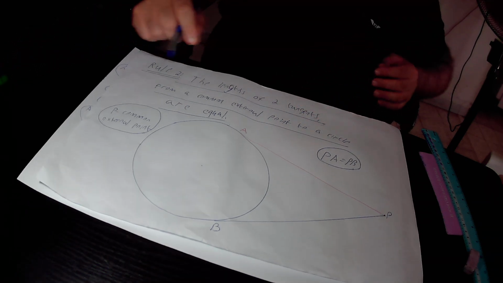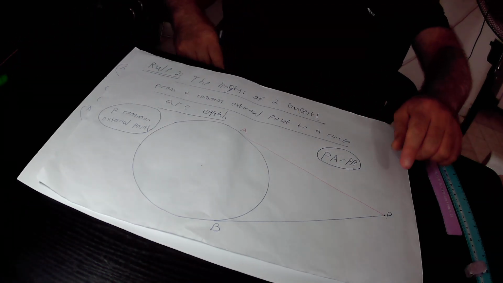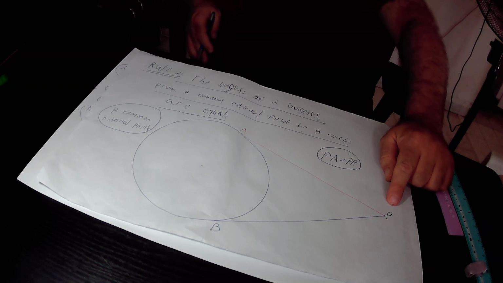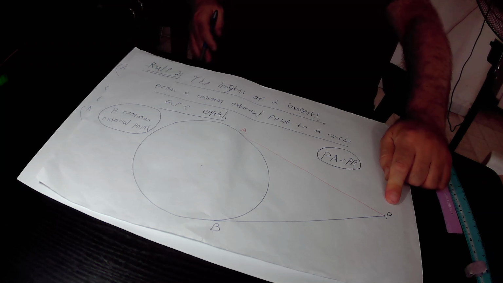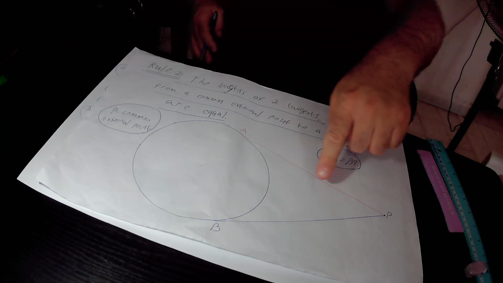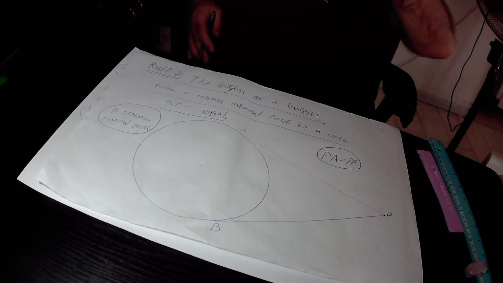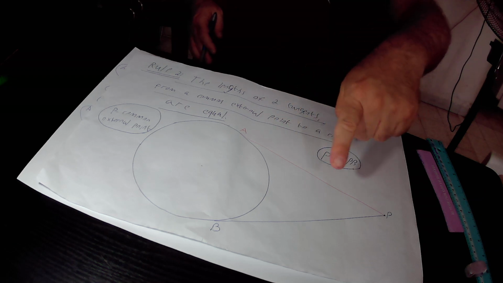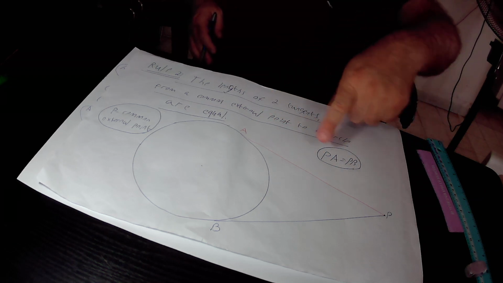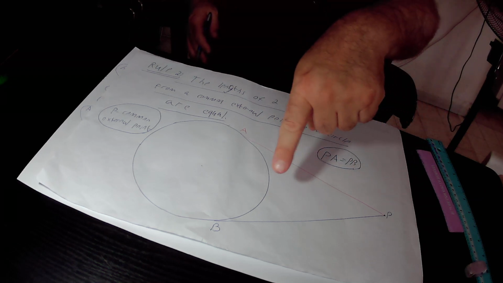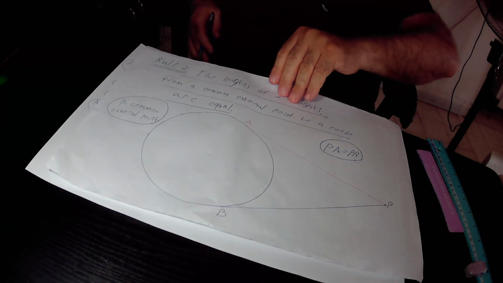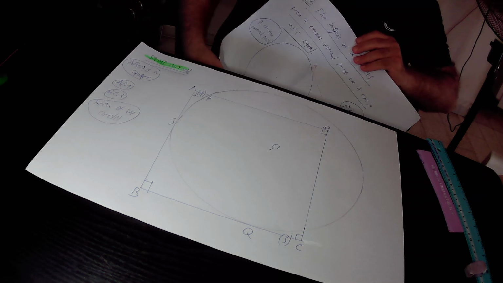In this drawing, we have a circle, and this is the common external point, point P. From this point P, we have two tangents to this circle, tangent PA and tangent PB. And according to rule 2, they are equal to each other. That is to say, PA equals PB, or the length of tangent PA equals the length of tangent PB. So I can now implement rule 2 in our drawing.